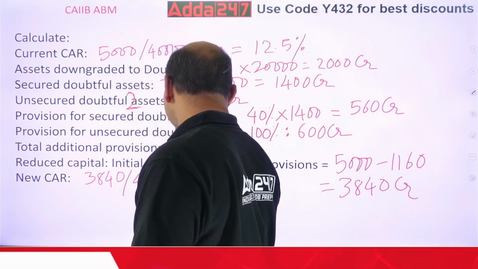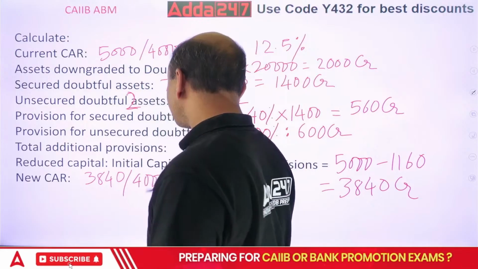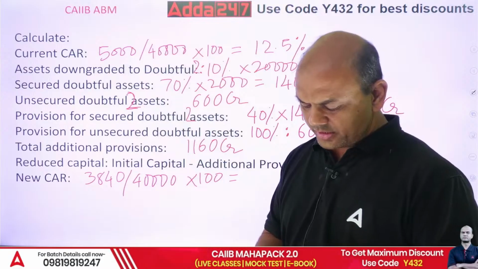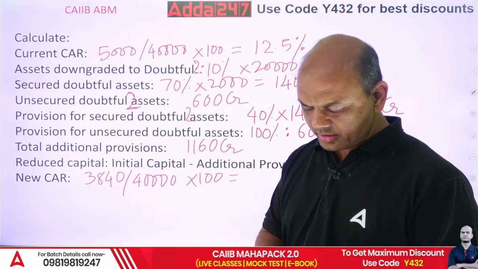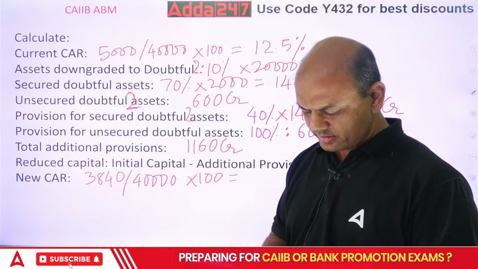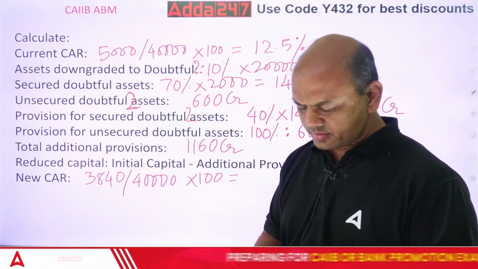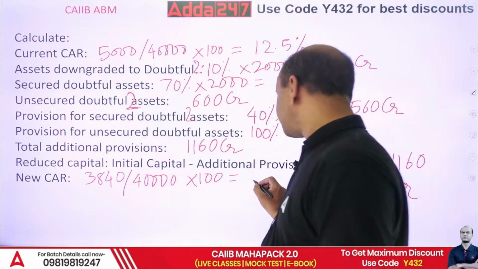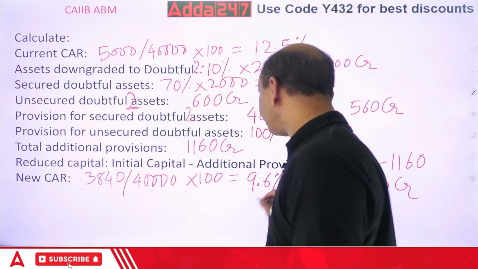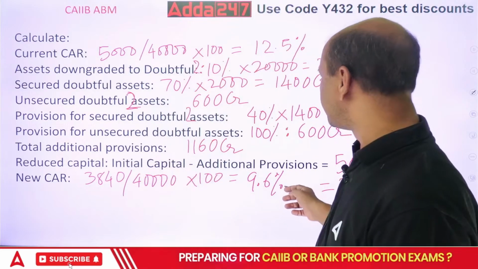Okay, you have to do it into 100. So get the answer now. 3840 upon 40,000 into 100. So 9.6, 9.6%. So new capital adequacy is 9.6%.